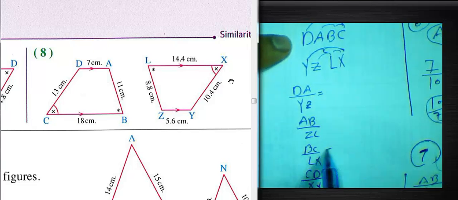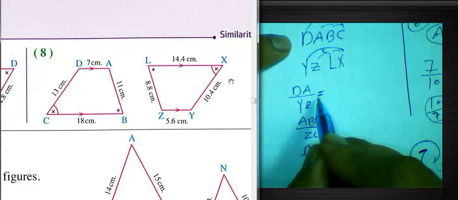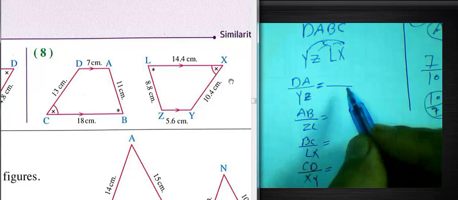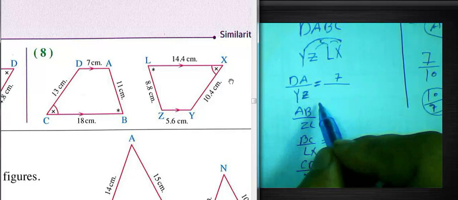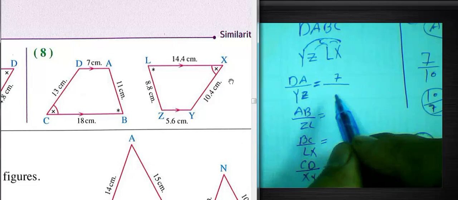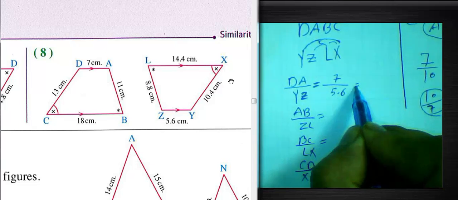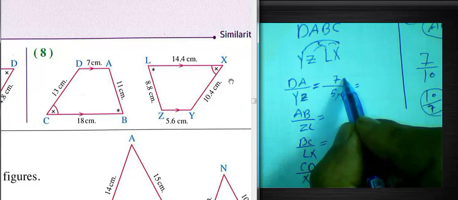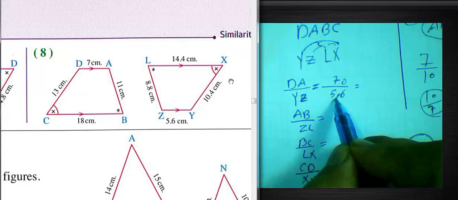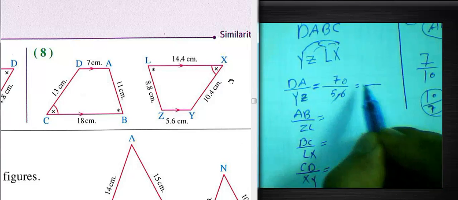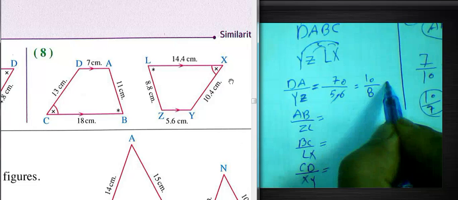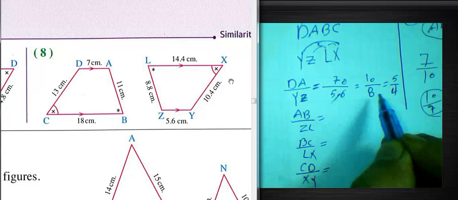We can find the ratio between each corresponding length. DA equal 7, YZ 5.6, multiply by 10, numerator and denominator, the result will be 70 over 56. We can divide it by 7 equal 10 over 8. 10 over 8 we can divide by 2 equal 5 over 4.